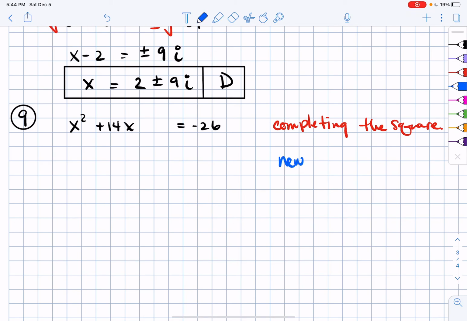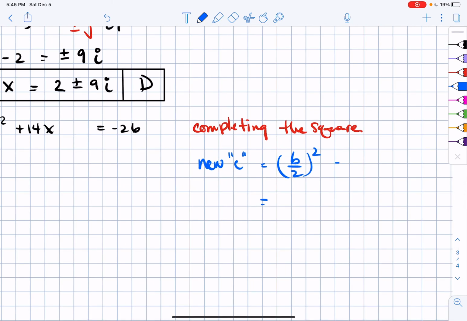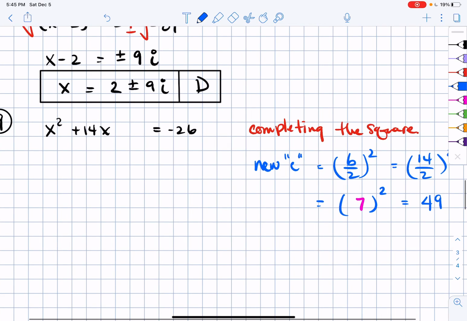The new c is equal to (b divided by 2) squared. So that's going to equal (14 divided by 2) squared, which is 7 squared, which is equal to 49. So I've got to add 49 to both sides.